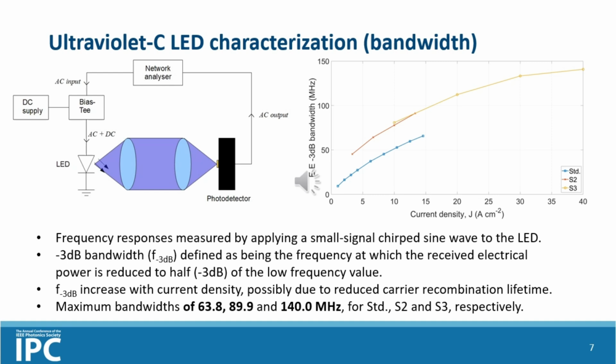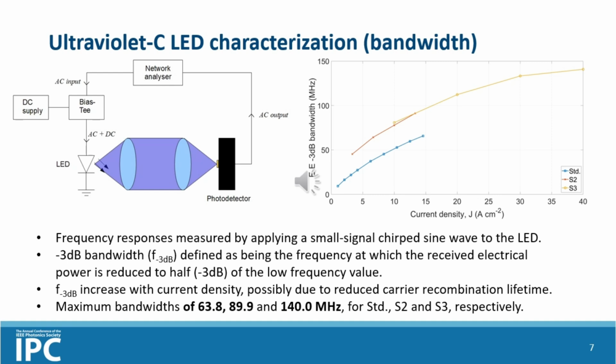And then the frequency at which the LED's optical response reduces by 3 dB, or by half, of the low frequency value is defined as the minus 3 dB bandwidth. So the bandwidth here is essentially a measure or an indication of how rapidly or how quickly the LED can respond to high frequency signals.